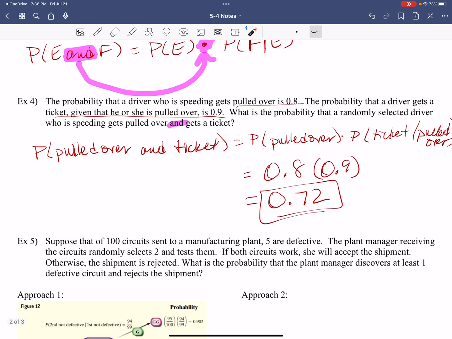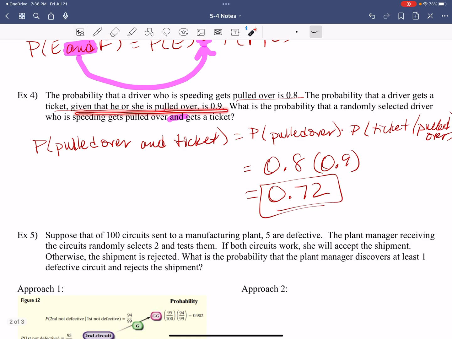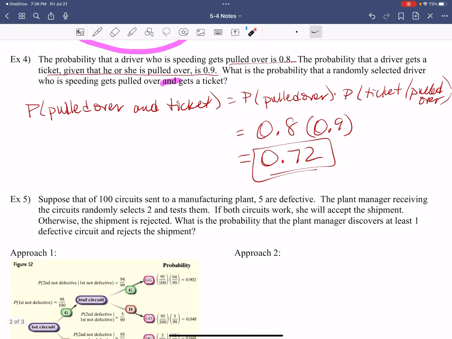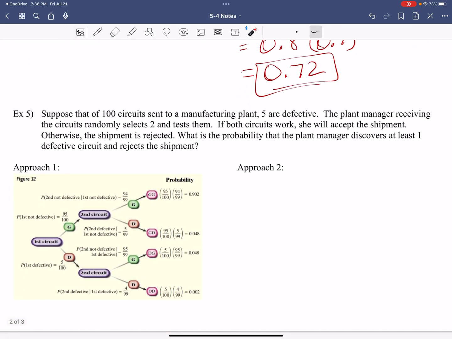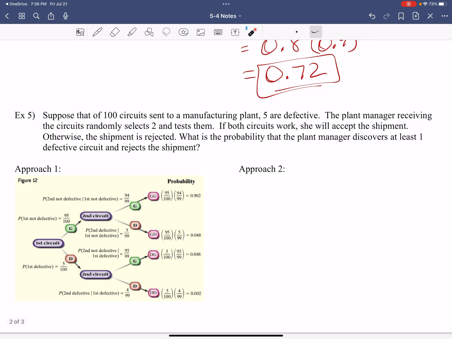Up here, that's one of my pieces of information. Then my question is asking what is the word and going with. Do you see the difference there? Okay, statistics is all about the words and how something is asked. So I don't want you to get tripped up in the weeds, right? I want you to make sure that you're looking at what is actually happening and how you can pull this off.